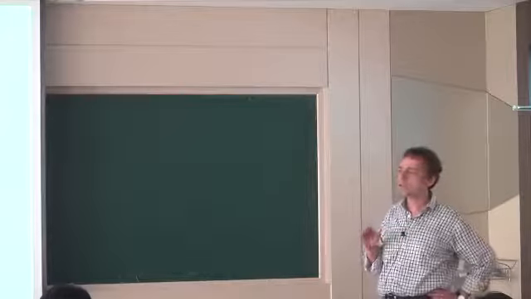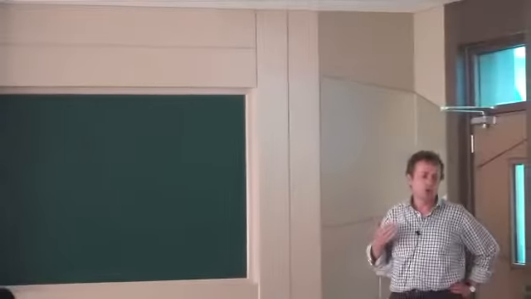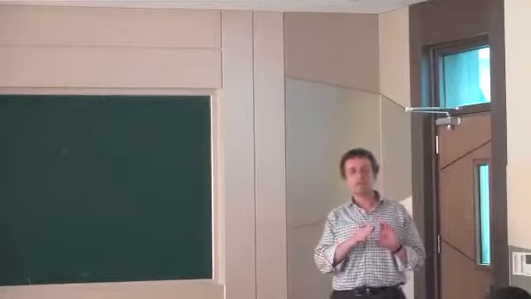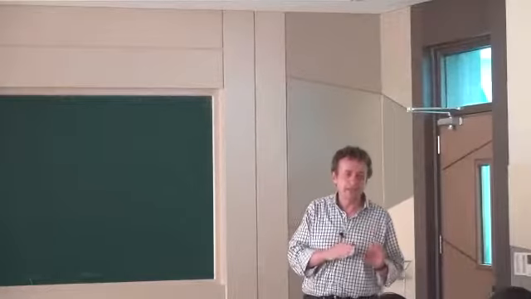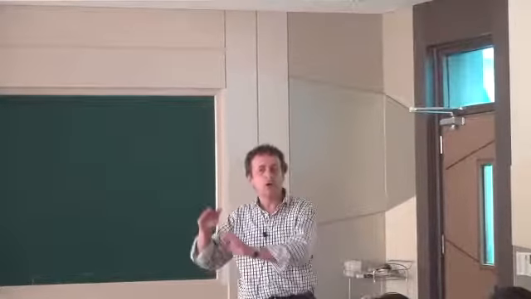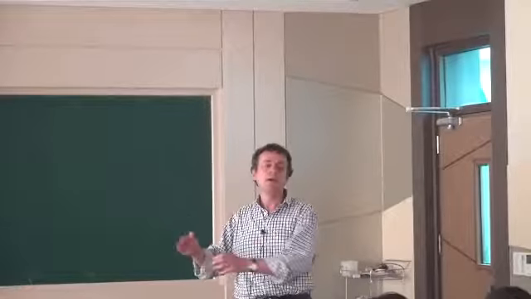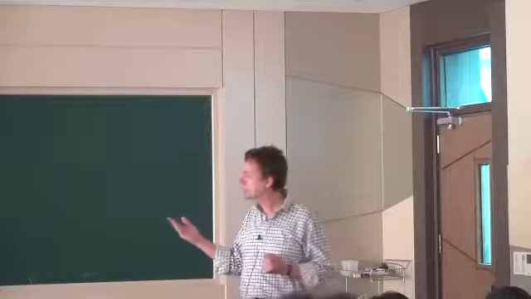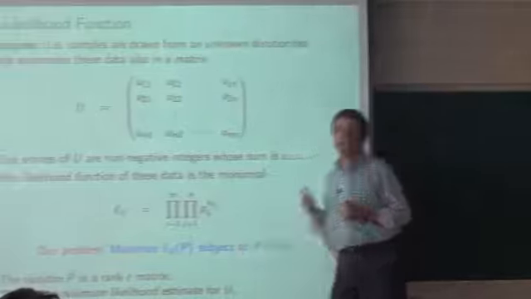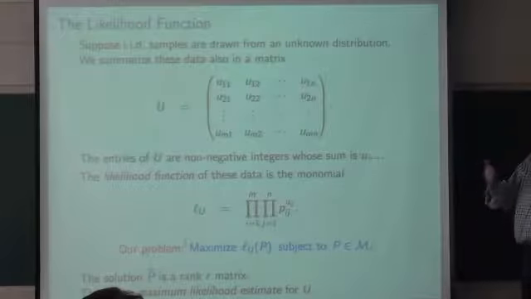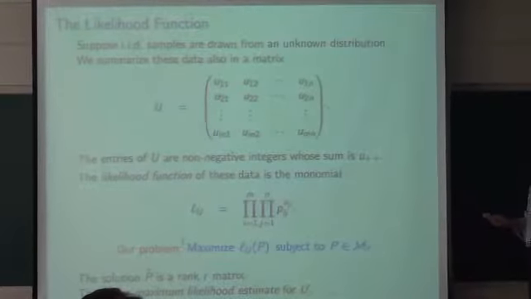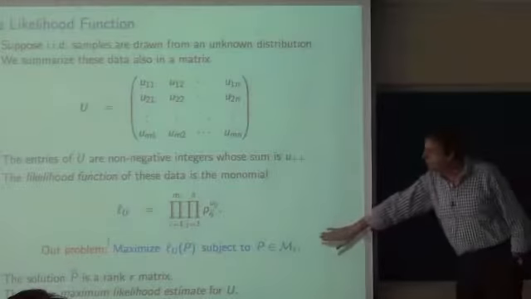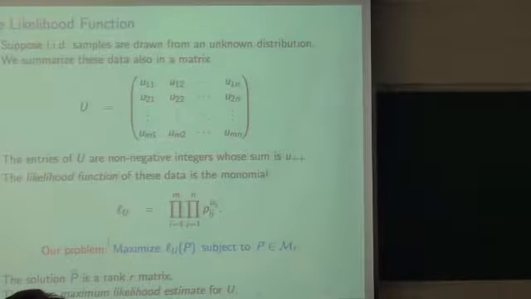In Bayesian statistics, we have some prior belief over our model, and this leads to the mathematical problem of integration. Today, I'm only going to talk about the optimization problem, but they are two sides of the same coin. You have some complicated, high degree polynomial function, and integrating this polynomial function is one problem, optimizing this polynomial function is the other problem, and today I'm going to talk about the optimization problem.